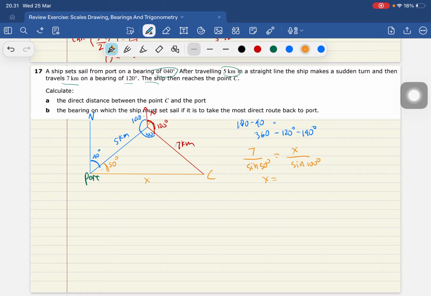So x equals 7 multiplied by sin of 100 degrees, then divided by sin of 50 degrees. You need a calculator to solve it. Use a calculator: 7 multiplied by sin of 100, then divided by sin of 50 degrees.